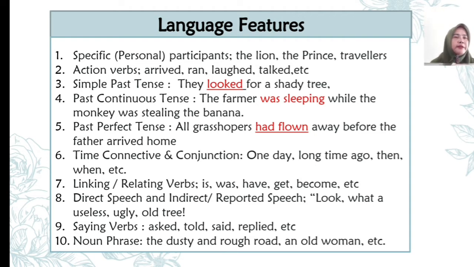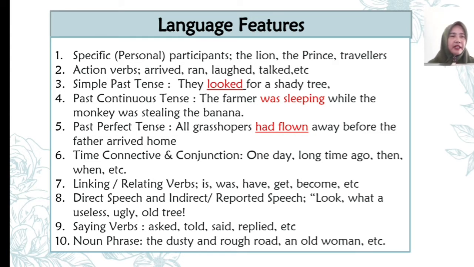The third is simple past tense, ya. Jadi sebagian besar kalimat yang ada dalam teks naratif itu berbentuk simple past. Kenapa? Karena sebuah cerita terjadi itu di masa lampau. Makanya tensesnya sebagian besarnya adalah simple past. Walaupun kadang-kadang kita ada juga menemukan bentuk simple present ya.